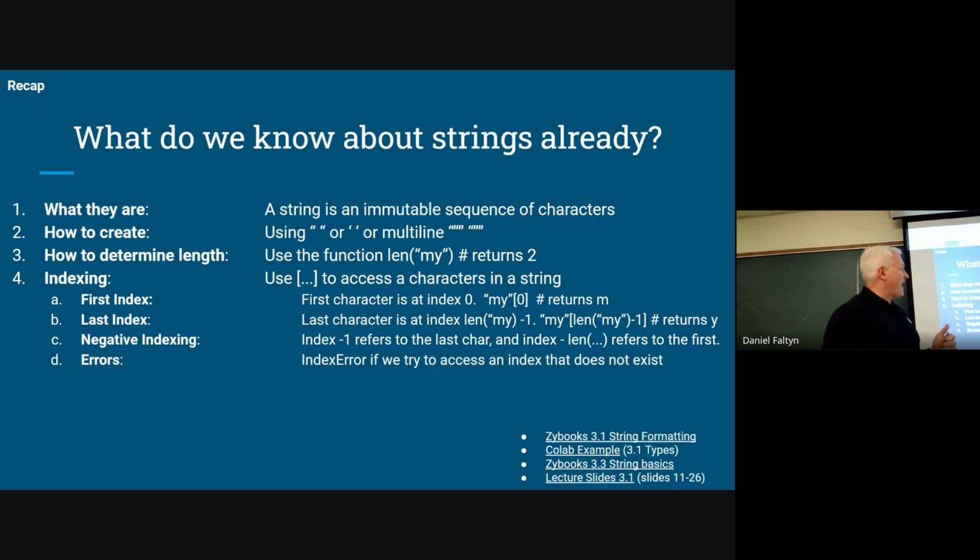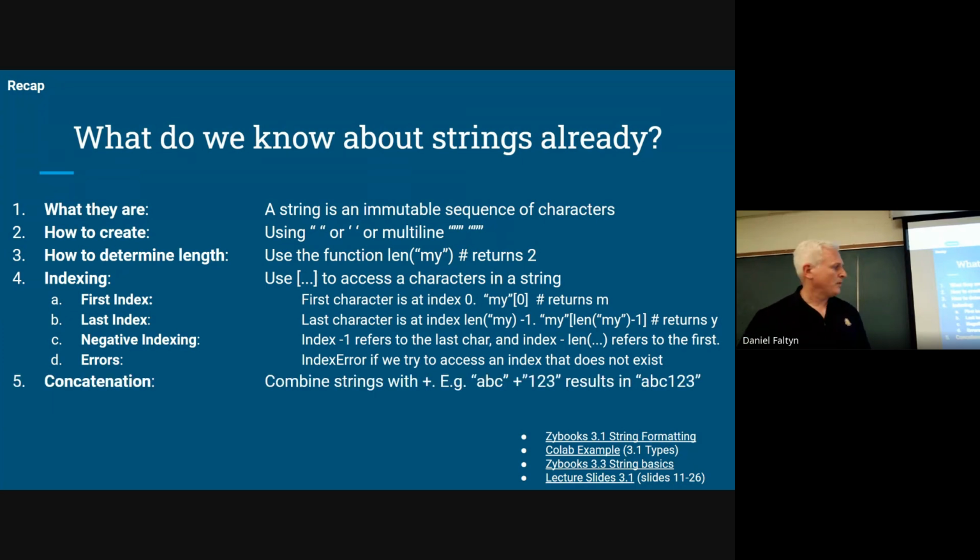We know that there could be errors when we try to access a string. If we have a string of length 5 and we try to access something at index 5, we should get index out of bounds because we only have index 0 to 4 in that case. We know how to use certain operators like plus for concatenation. So "ABC" plus "123", all of these in quotes, yields ABC123.